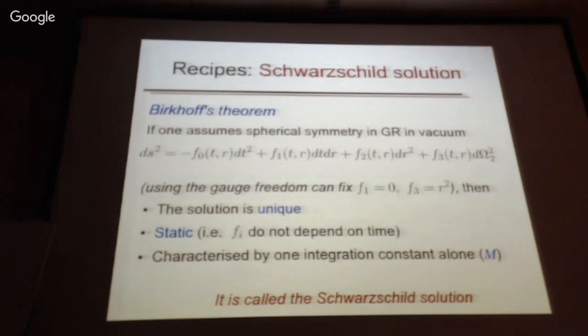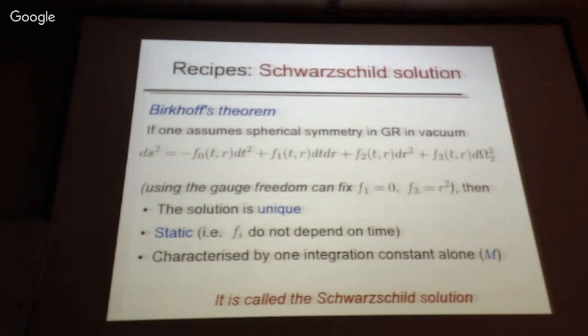So out of these 4 arbitrary functions, there are only 2 that are physical. I can choose this off-diagonal element, the one that has dt dr, f1, to be 0, and I can choose f3 to be r squared, so that corresponds to a sphere of radius r.